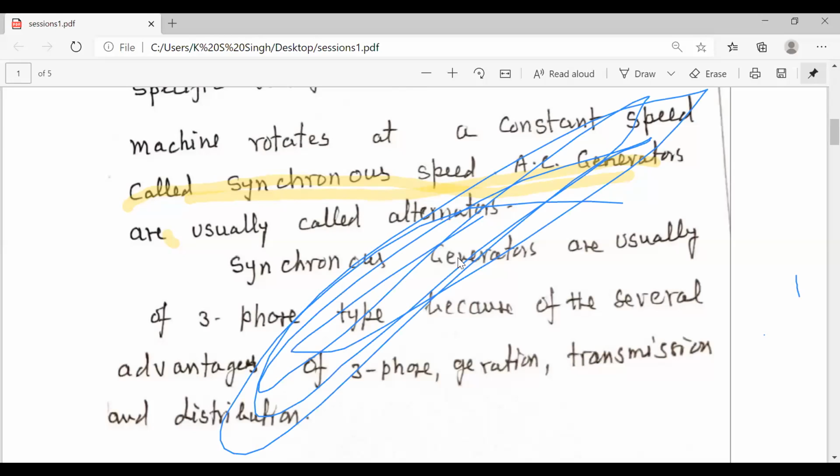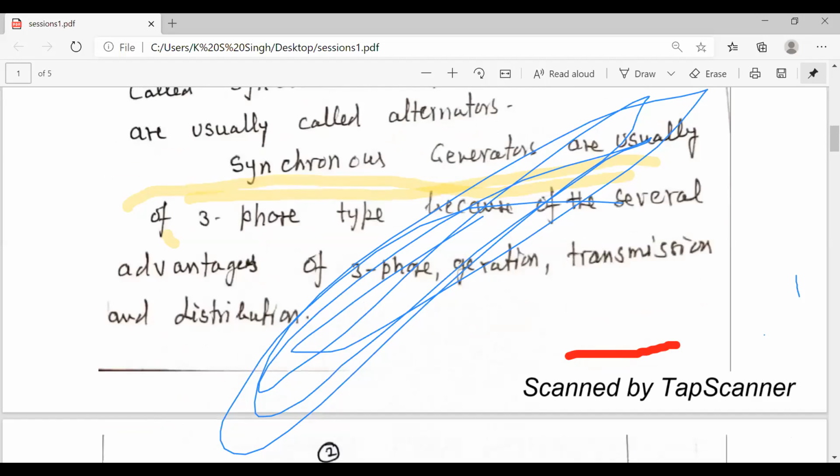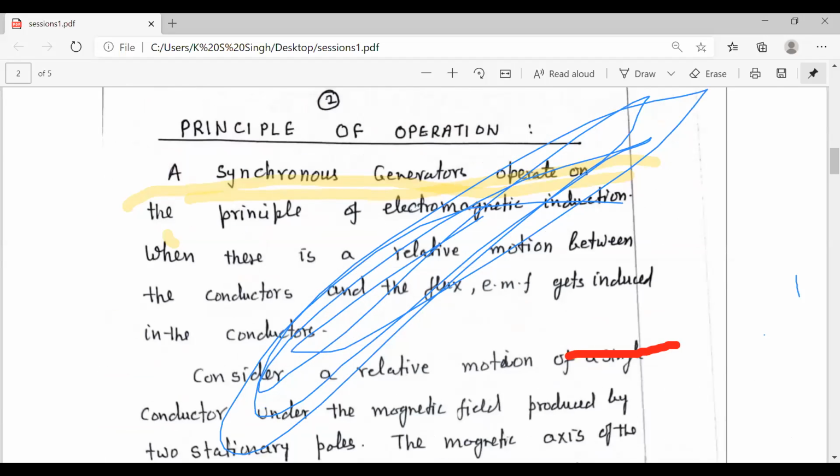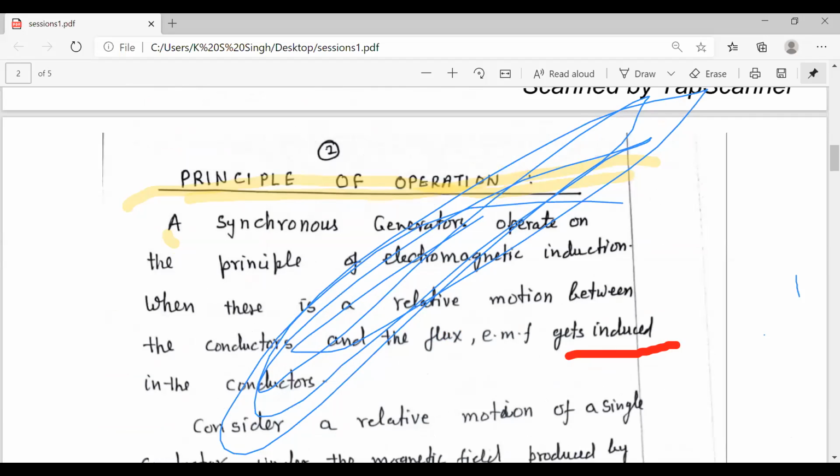Synchronous generators are usually of three-phase type because of the several advantages of the three-phase generator: generation, transmission and distribution advantage is obtained. Principle of operation: a synchronous generator operates on the principle of electromagnetic induction.